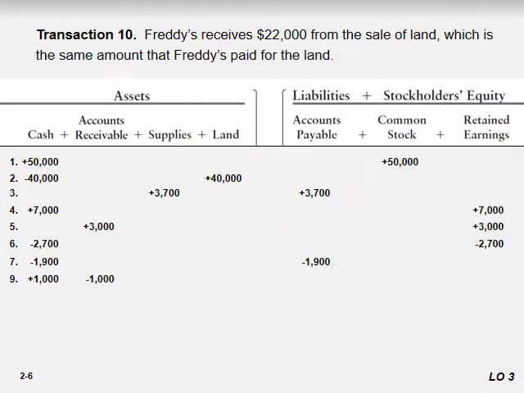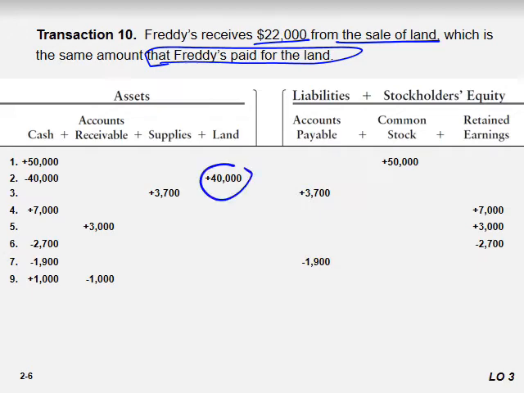How about transaction 10? Friday's received 22,000 from the sale of land, which is the same amount that Friday's paid for the land. What does it mean? It means, how much is the land? 40,000. And did Friday's sell all the land?